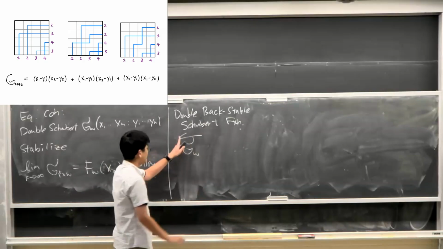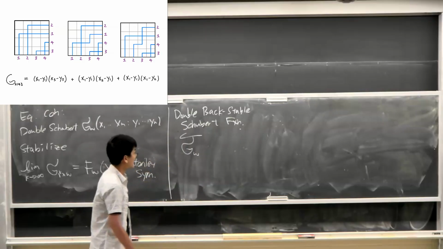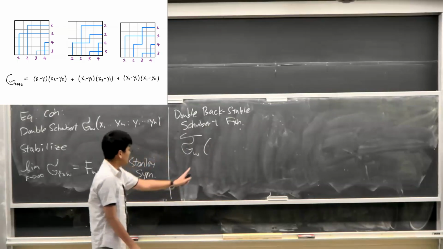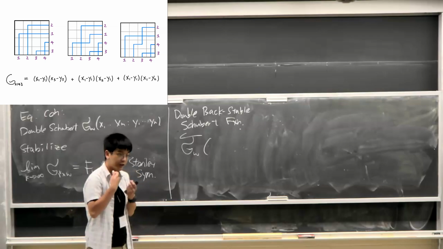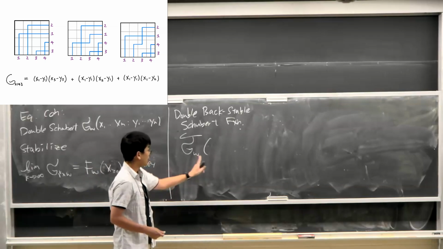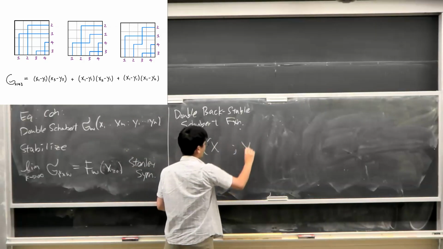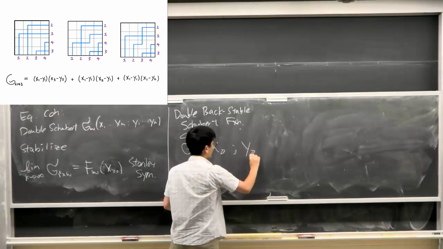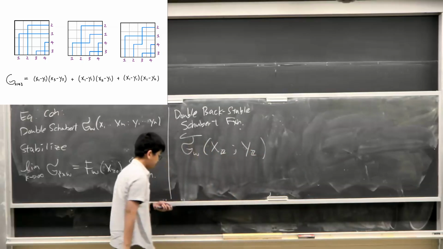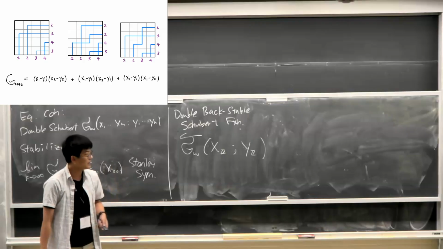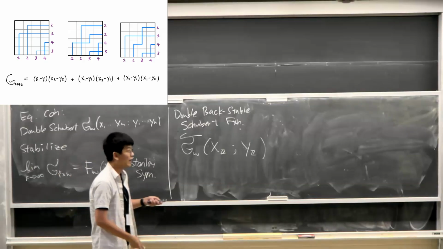I'm going to put a backward arrow on top to indicate that I'm back stabilizing, meaning that I'm going to introduce variables going in the negative direction. So now my polynomial is labeled by x and y, where the indices are labeled by all integers, including the negative ones. And these represent the equivariant cohomology of the infinite flag variety.